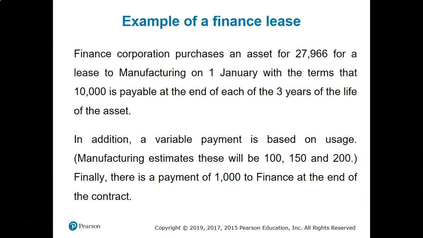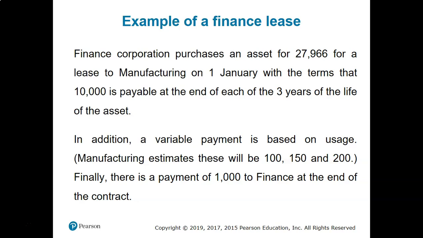So let's see an example of a finance lease, and we will see the records in the books of accounts. Finance corporation purchased an asset for 27,966 for a lease to a manufacturer on 1st of January, with the terms that 10,000 is payable at the end of each of the 3 years.